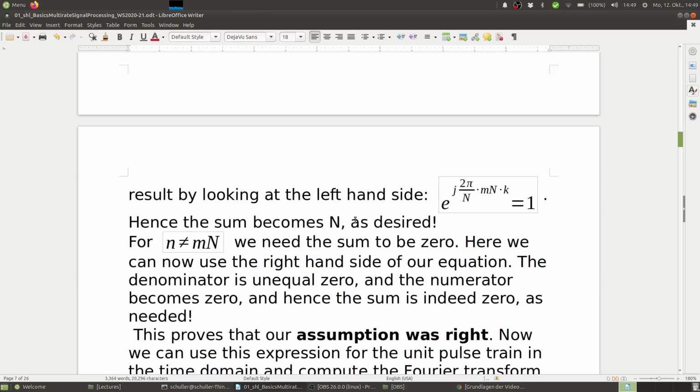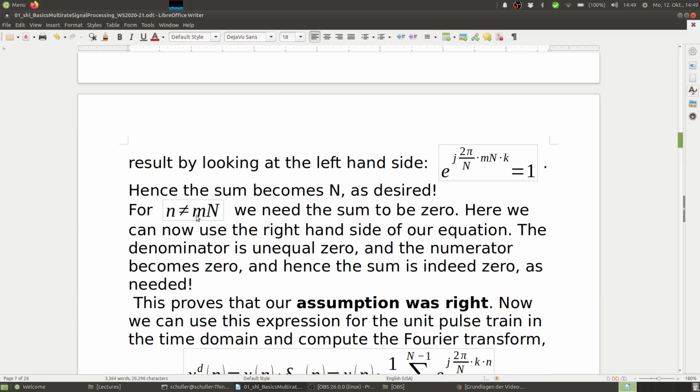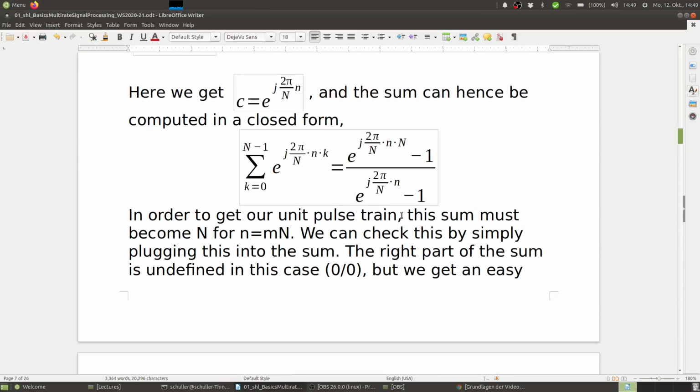Right, so this is actually exactly as we need. For n unequal mN, so if it's not an integer multiple of capital N, we need this sum on the right hand side to be 0. So just plugging it in, we can see here this again becomes 1, independent of the value of n, because the n cancels.